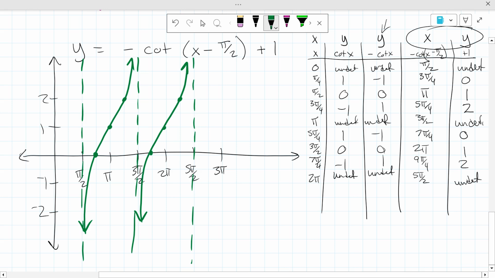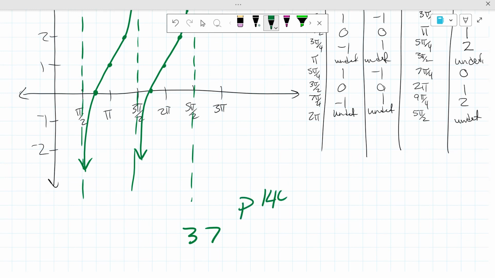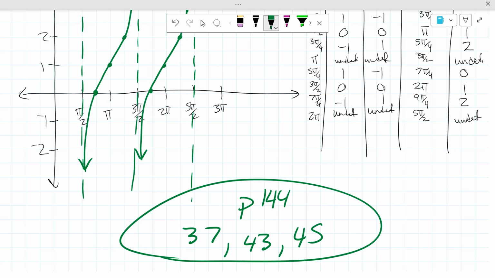So let us do page number 144, 37, and let's do 43, 45. You know, it's early release. We'll call that good. 37, 43, 45, 3 problems.